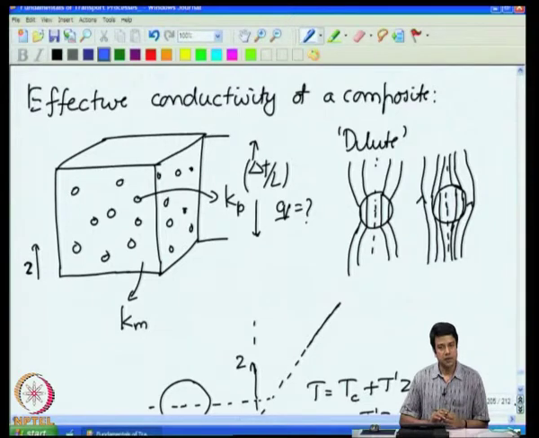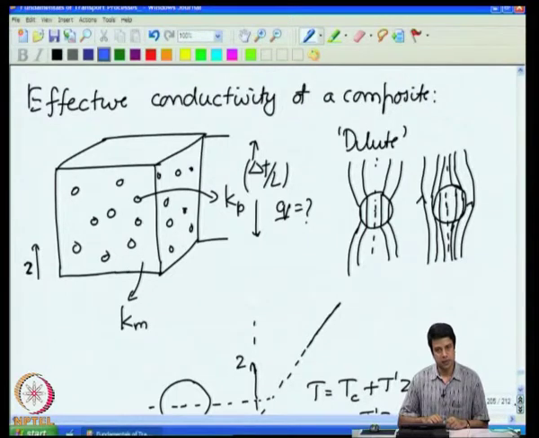Since the particle and the matrix are of different conductivities, we would expect the heat flux lines to be curved near the particle surface. If they had the same conductivity, then of course the flux lines would all be parallel to each other, and the temperature would be just a linear function of position. However, since the conductivities are different, the flux lines are curved. This distortion due to one particle could affect the temperature field due to another particle.